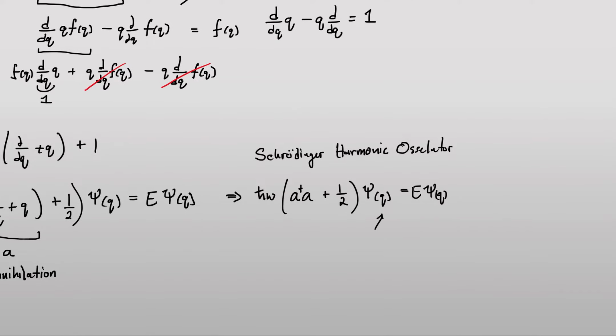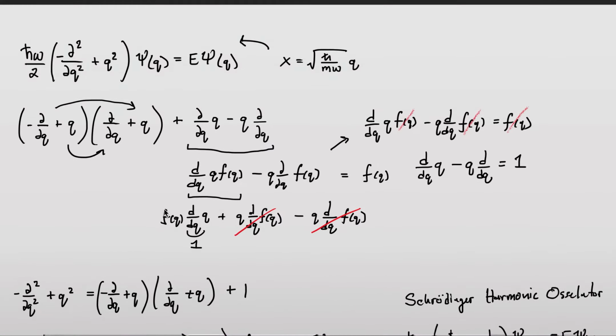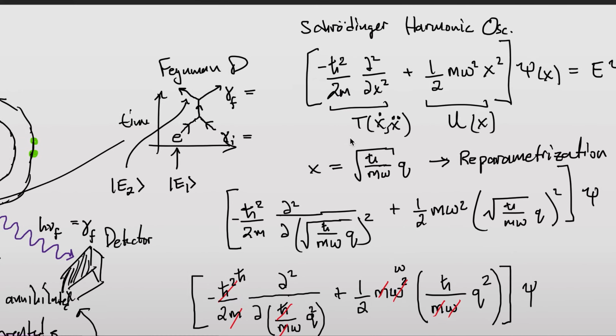Okay, so before I actually get into those details, I want to talk about, just really briefly, what we've done so far, because I don't want to shy away from repeating myself. So if I come back up here, this was the Schrodinger equation after that reparameterization that we did right here.